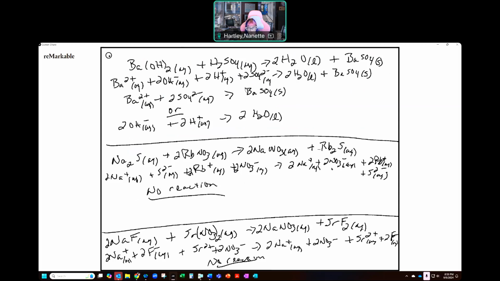Those are both soluble, plus 2 Rb plus, S 2 minus, because that's also soluble, which means that I have no solid formed, which means there's no reaction. Okay, that happens. Just because I've written an equation like this does not mean anything actually occurs.